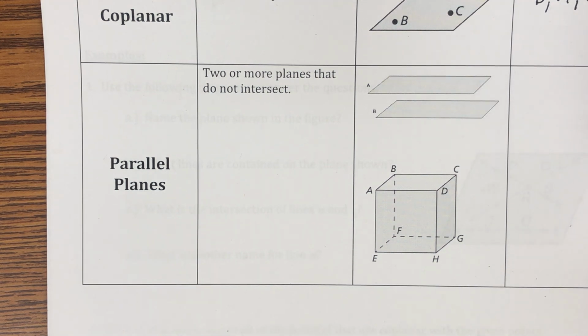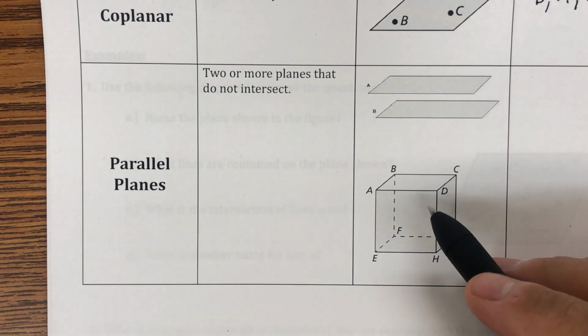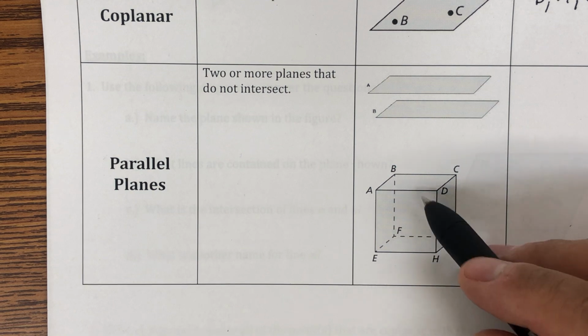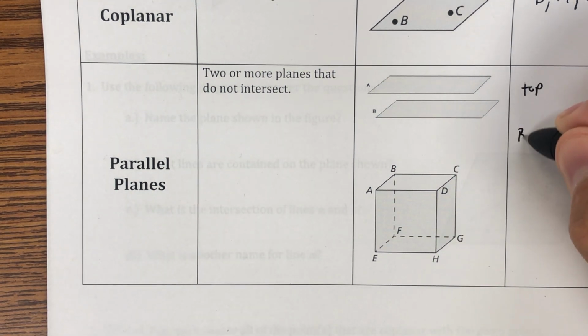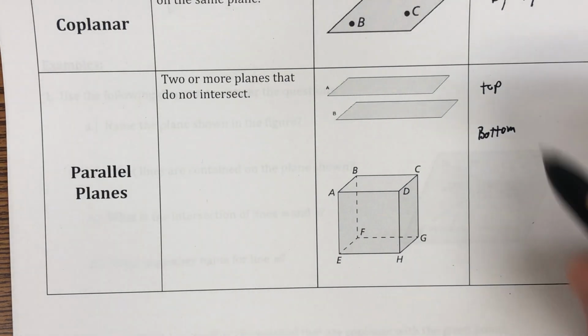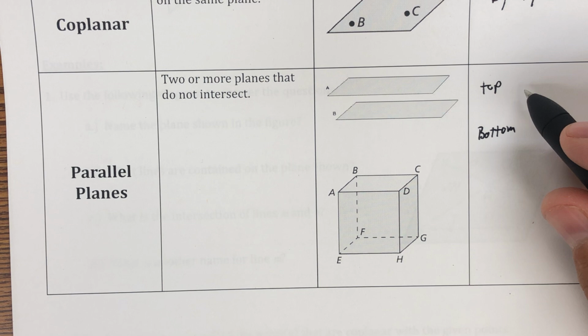In this case, the top and the bottom one, they do not intersect. They are parallel. So I'm going to name the 2 parallel planes, and I'm going to pick the top plane and the bottom plane. For me to name the top, I have to pick 3 points on it.